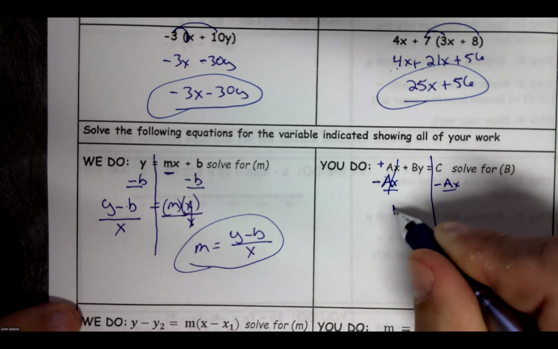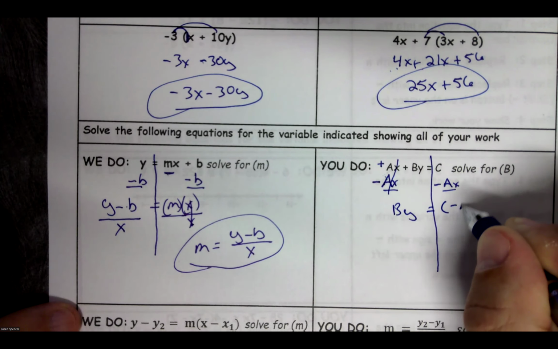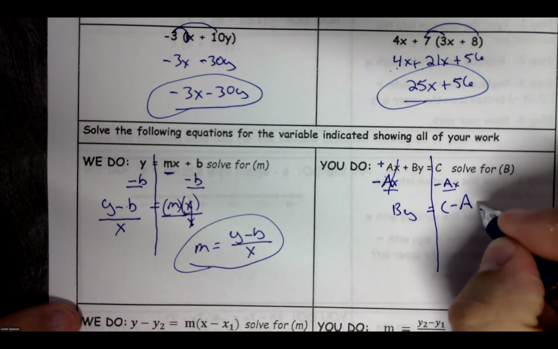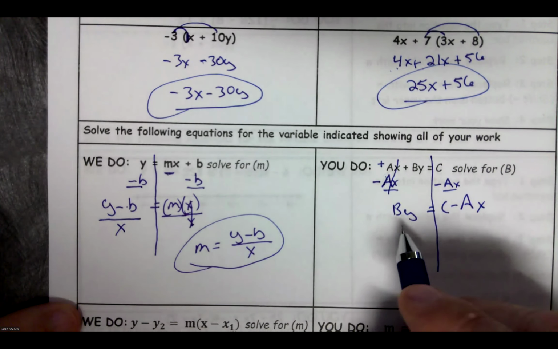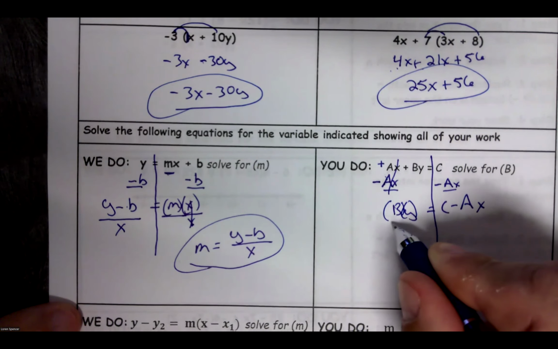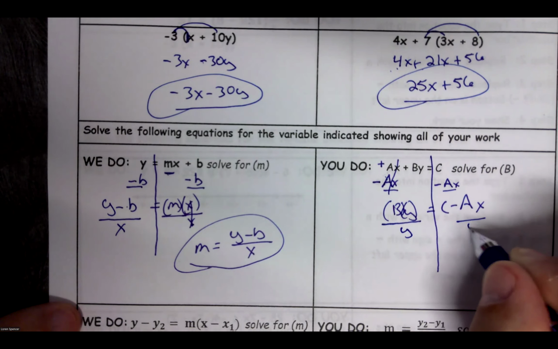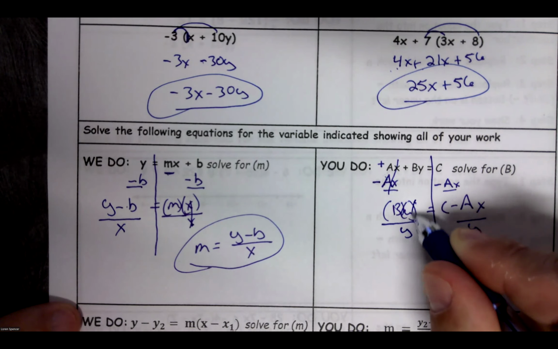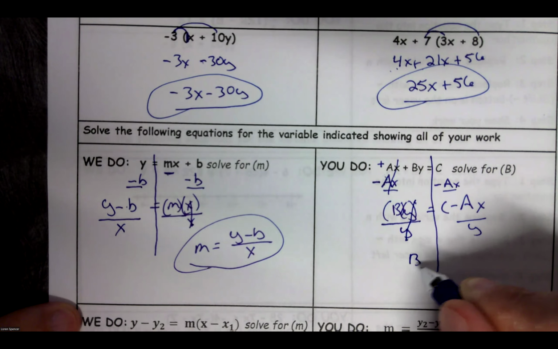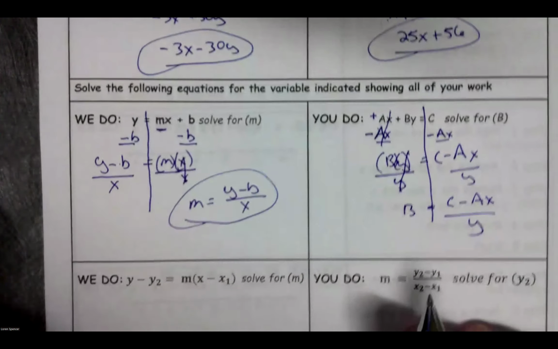This goes away, and now I have by equals c minus ax. Now these are essentially in parentheses. It means we're multiplying, so I have to undo the multiplication by division. So the y's go away, and I have b equals c minus ax over y.